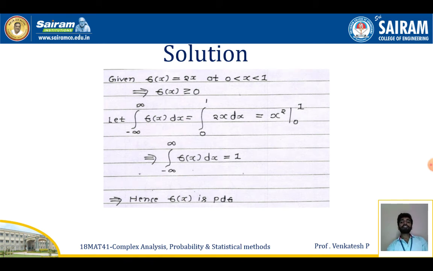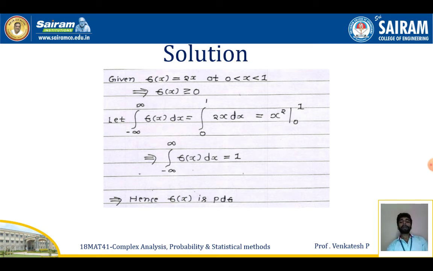The given function is 2x with limits 0 to 1. Since f of x is greater than 0 in the given range, the first condition is satisfied. Now we have to show that the integral from minus infinity to plus infinity of f of x dx is equal to 1. Then we can conclude the function is a probability density function.